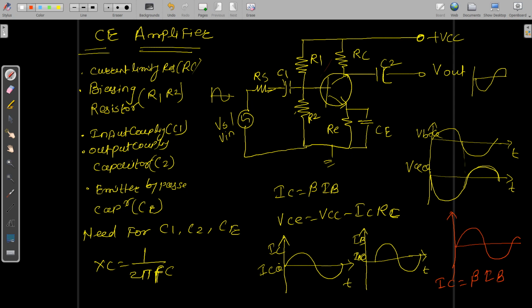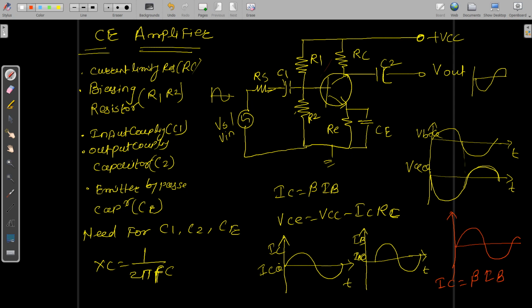Now let us see what is happening in amplification. When one cycle of input is completed, the output for one cycle also has to be completed. That means the frequency of the output sinusoid is the same as the frequency of the input sinusoid.